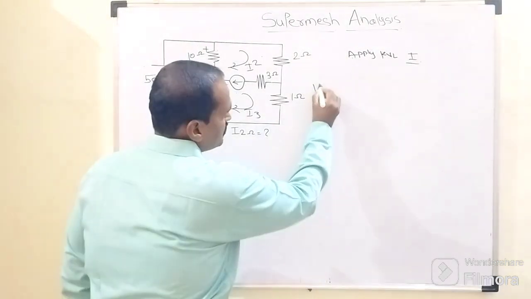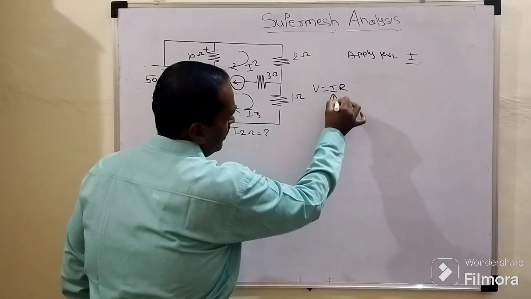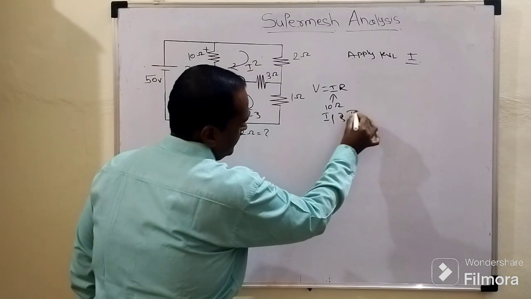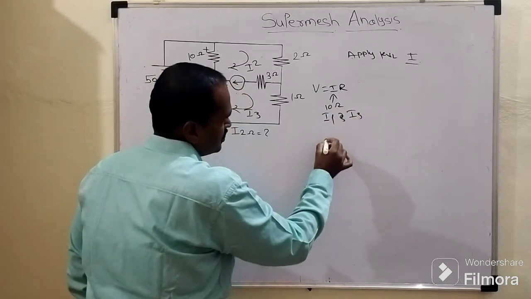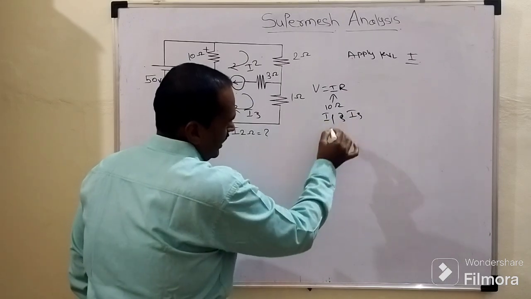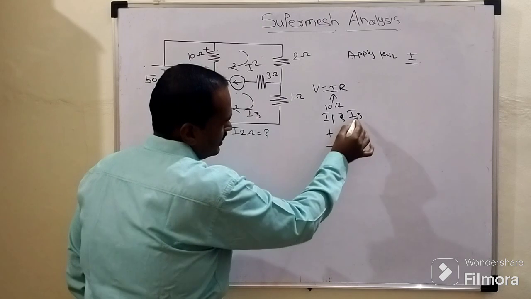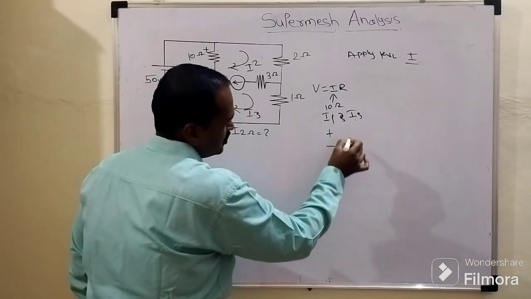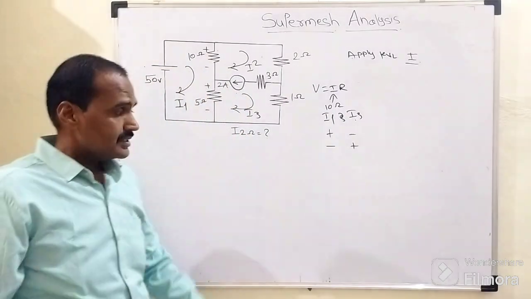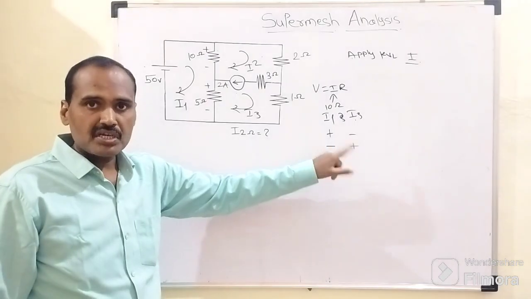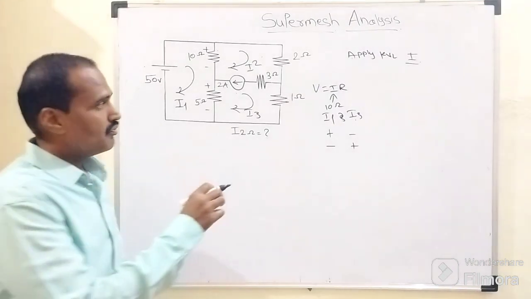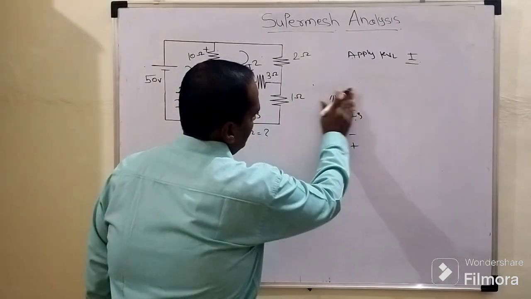So according to Ohm's law, V equals I into R. Now through this 10 ohm resistor, there will be a circulation of I1 as well as I2. I1 flows through this 10 ohm resistor from top to bottom, and I2 flows from bottom to top, right? Their circulating directions are opposite to each other. That we need to understand while applying Kirchhoff voltage law to that mesh number 1, right?